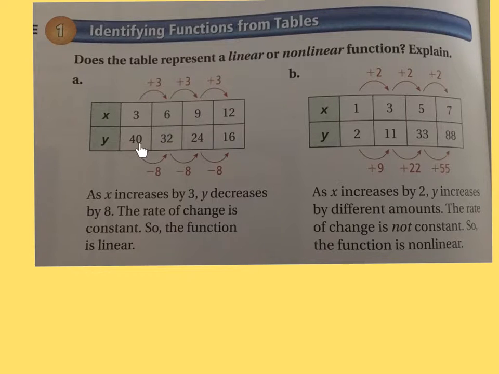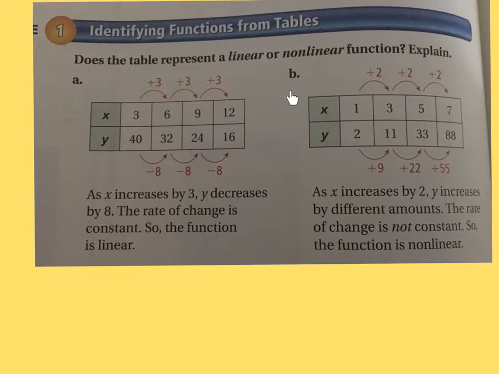The difference from 40 to 32 is negative 8. 32 to 24, minus 8. 24 to 16, minus 8. So everything is constant. When it's constant, we say that the rate of change is constant. The slope is the same, so the function is linear. You graph these points, (3, 40), (6, 32), (9, 24), (12, 16), put them on a graph, and you'll be able to draw a straight line through them.